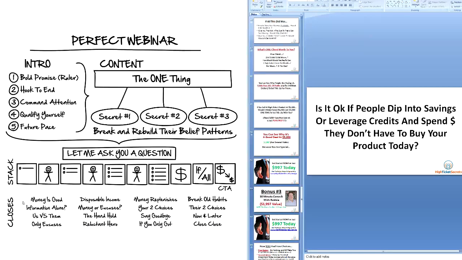Awesome. Okay. Information alone. Money or excuses. Your two choices. This one's really cool because it justifies why you're charging a lot of money. So you say, look, this is the way it is, you guys. I had two choices when I was putting together this package. The first choice was I can make it really cheap, charge like $97, and sell to tons of people. Everyone has access to it. That was one option. But the problem with that is I can't put in the time, effort, or resources to really serve you.